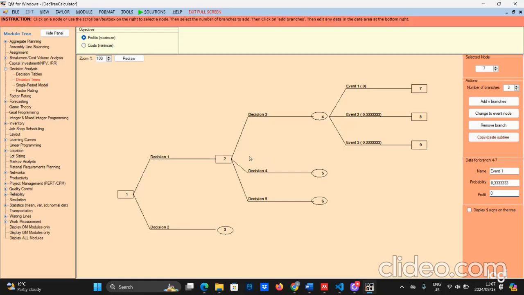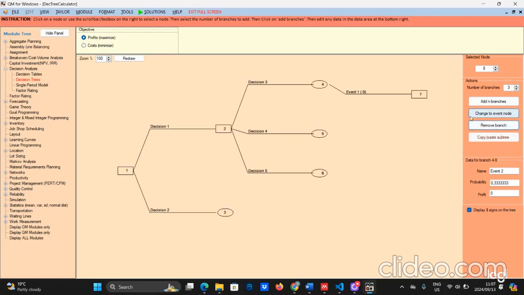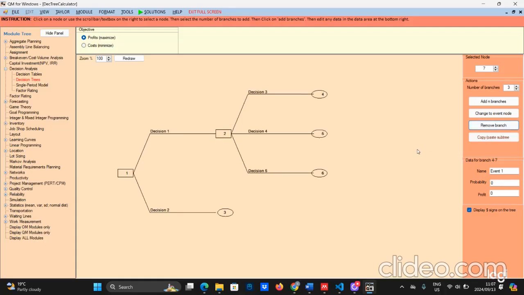And even for a decision, if there was a cost for a particular decision, I can write it here. If I want to delete a branch, I can just click on it and then remove it. QM allows you to delete branches, so I can delete the branches like this.